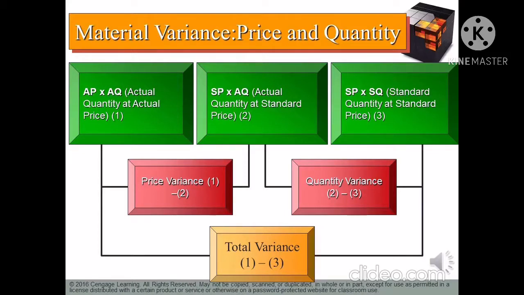For quantity variance, you will get it from standard price times actual quantity minus standard price times standard quantity. It's the same application as before for total variance, which is actual minus standard. It's the same.